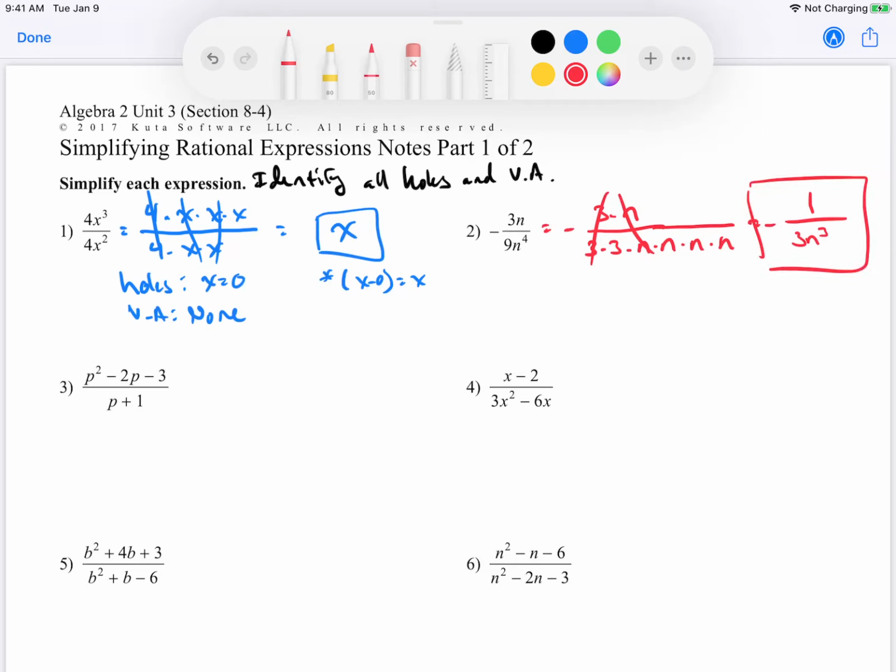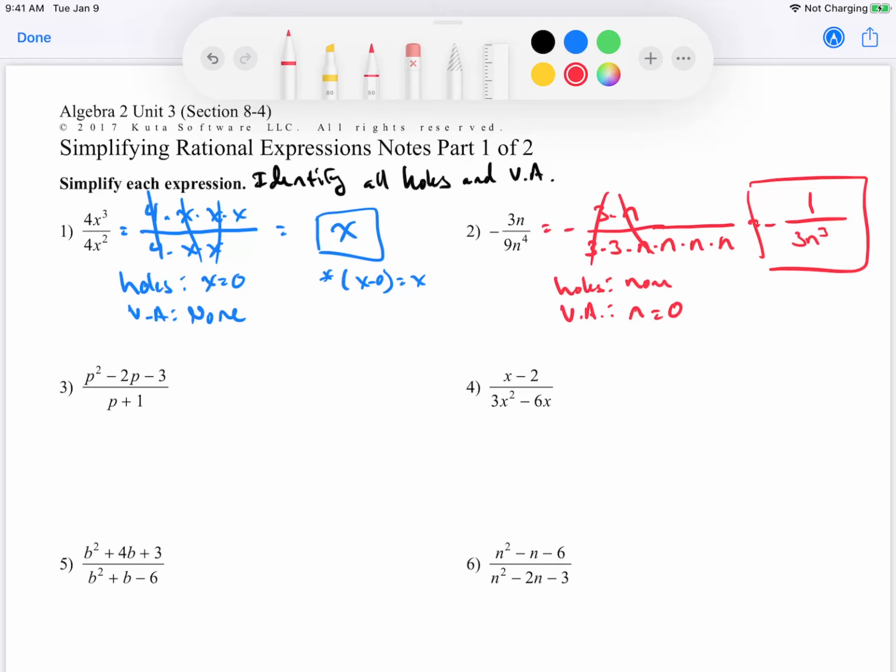Now when we want to identify any holes and vertical asymptotes, because we factored out an n, so it'd be a 0 essentially, but because in the denominator we actually have 3 of those n's, we're actually going to have a vertical asymptote and no holes at x equals, or sorry, I put x, but it's n in this case because that's our variable that we're working with. n equals 0.